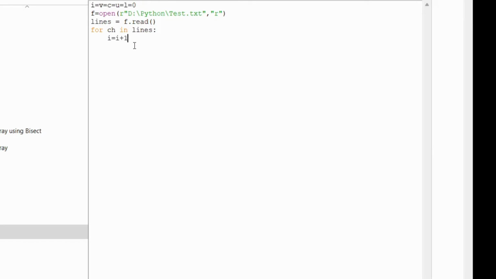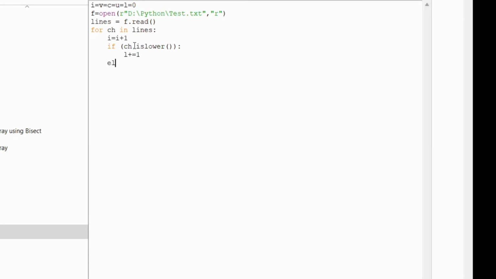Okay. Now what I'm going to do, if ch dot islower, if it is lower, then I'm going to say L plus equal to 1. That is L is equal to L plus 1.